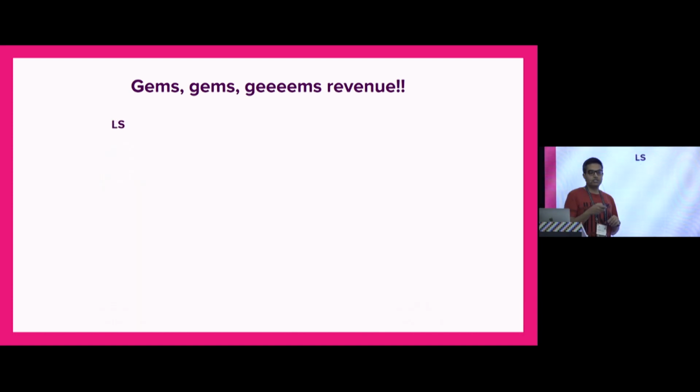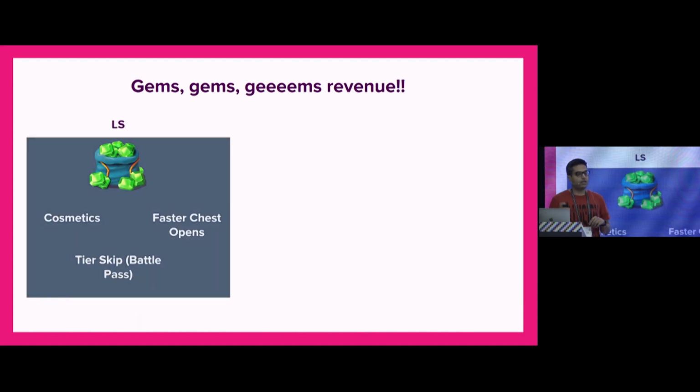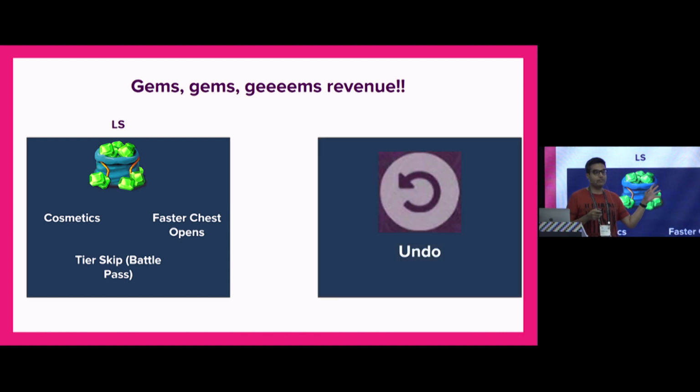And for Ludo Star, it's even bigger than that. We don't even have the special mode that's there in Parcheesi, so there are fewer things that people can spend gems on, but only 4% of revenue goes into these other aspects, and 96% of revenue goes into undo.